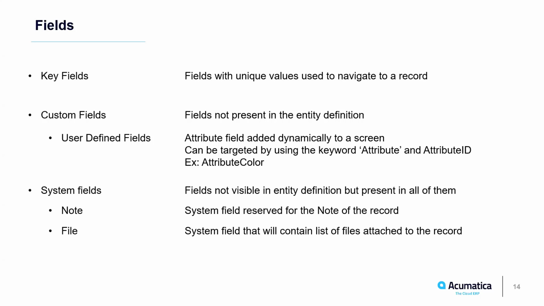There are 5 of them: an ID field, a row number, the note field, the file field, and a custom section field, which is the section in which you will find the custom fields if you request any.